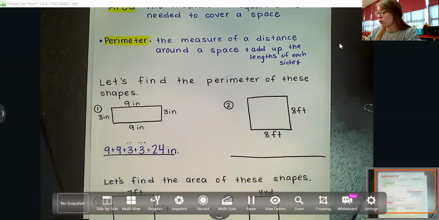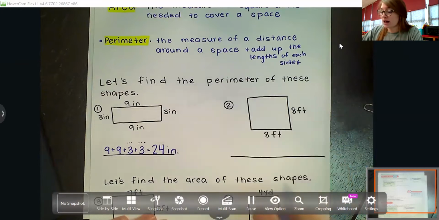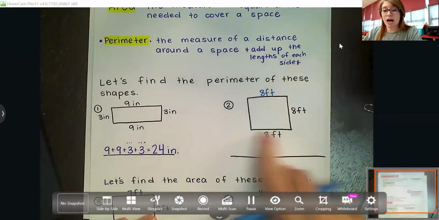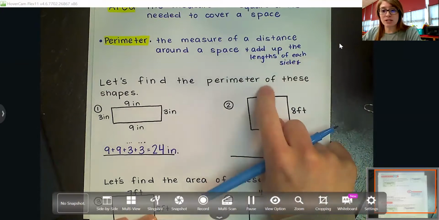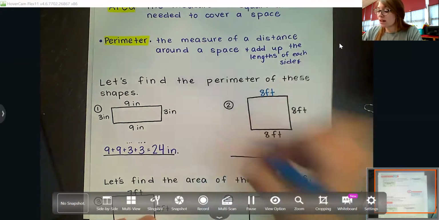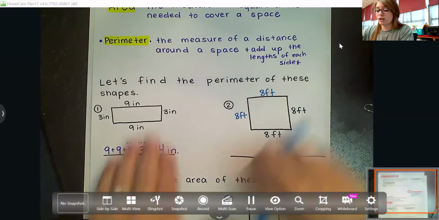So even though they did not give me the measurements for all 4 sides, I know that the opposite side is going to be equal. So I know that if this bottom is 8 feet, this top is going to be 8 feet as well. If the right side is 8 feet, the left side is going to be 8 feet as well.